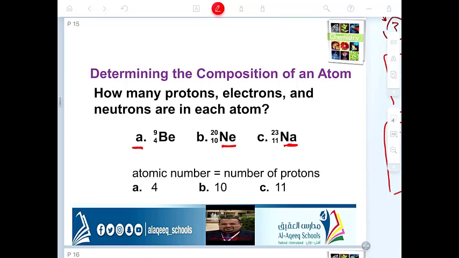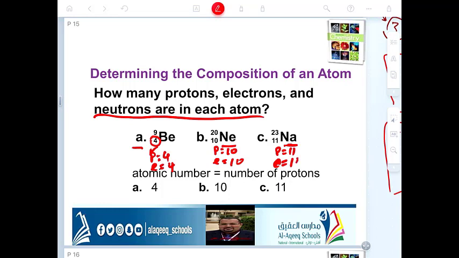The number of protons is the same as the atomic number, so the number of protons here is 4. Because all of them are neutral atoms, the number of electrons equals 4. Here protons equal 10, electrons 10. Here protons equal 11 and electrons equal 11.